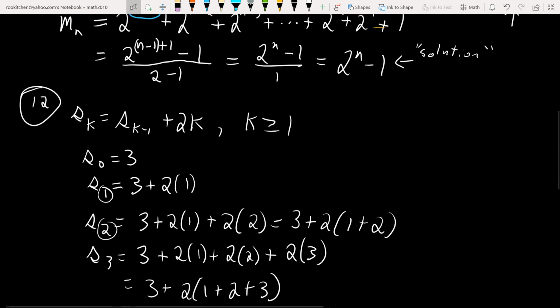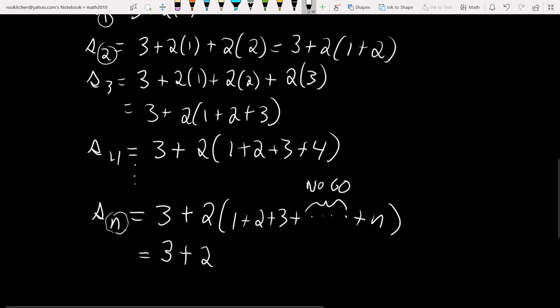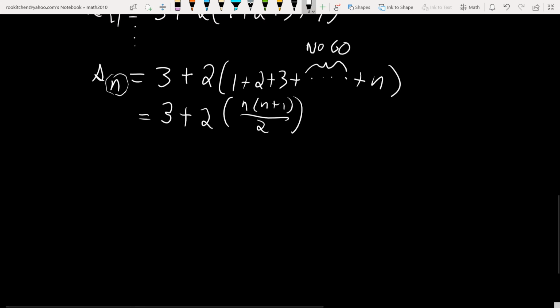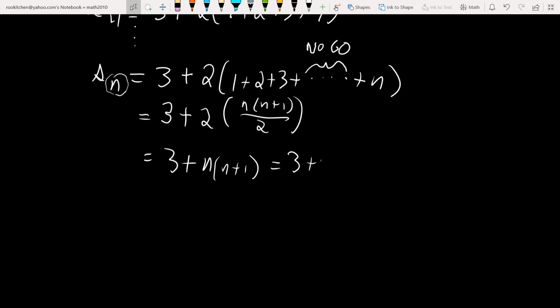So I could replace that with n times n plus 1 all over 2. Okay, and then I can simplify. So this would be 3 plus, the 2's cancel, you get n times n plus 1, which equals 3 plus n squared plus n, which equals n squared plus n plus 3.